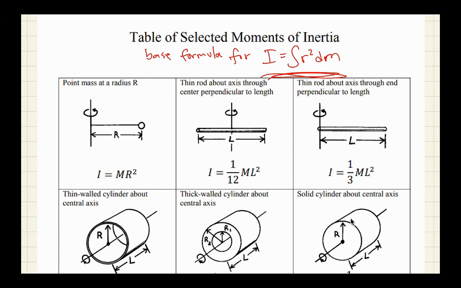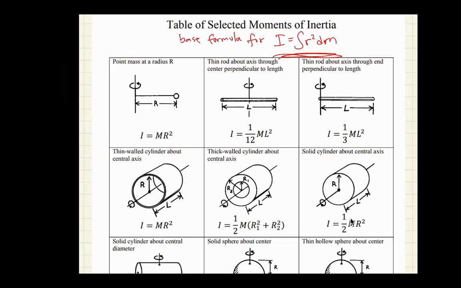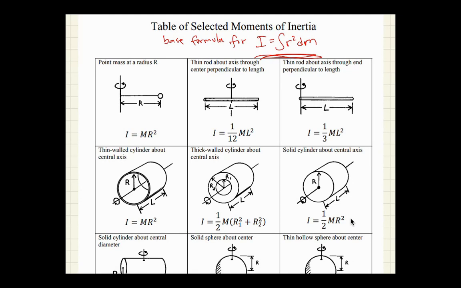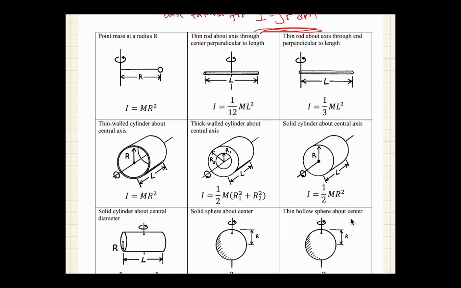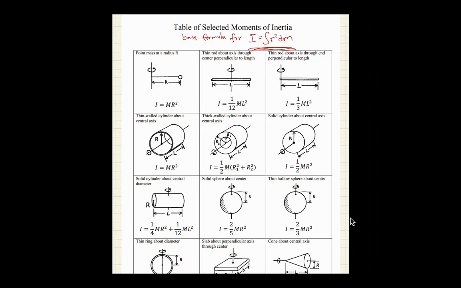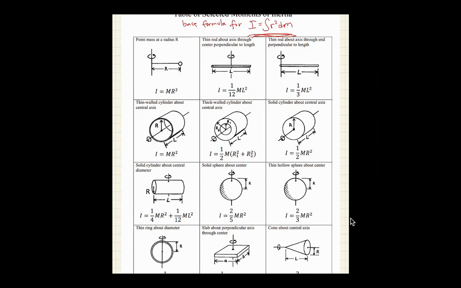That being said, the exam itself will be open book, open note. And so if they do ask a rotational inertia question and they don't give you the formula already, but they give you the type of object, for example, they say it's a solid cylinder rotating around a central axis, I would encourage you guys to print out or bookmark this table, which I'll share on Classroom, so that you have quick access to these different formulas.